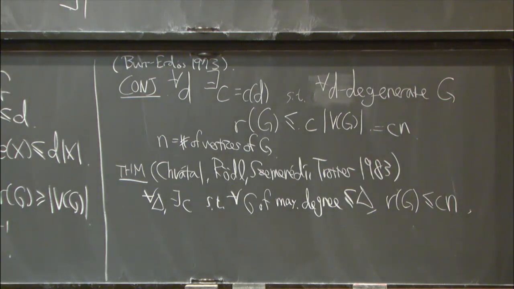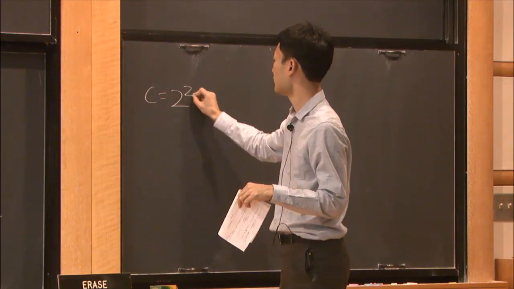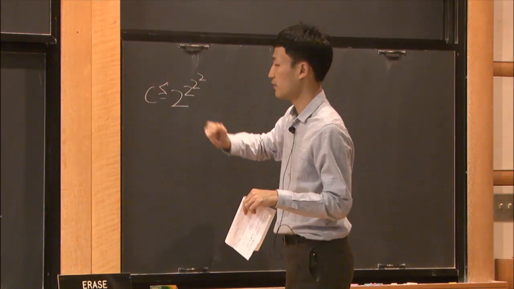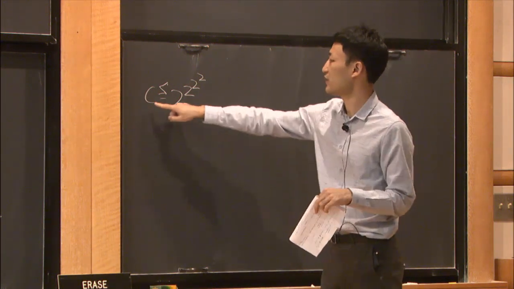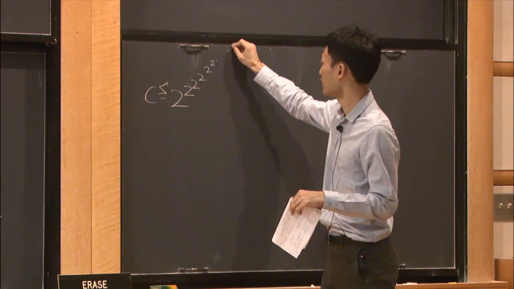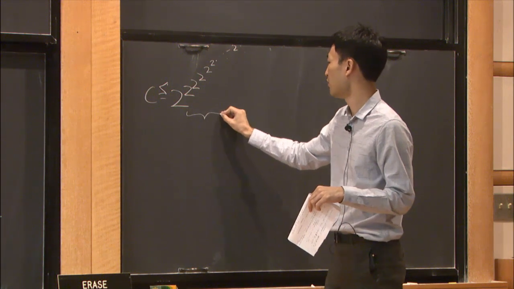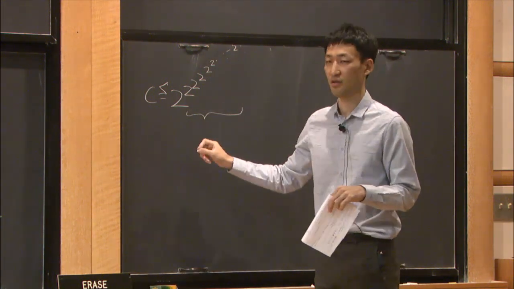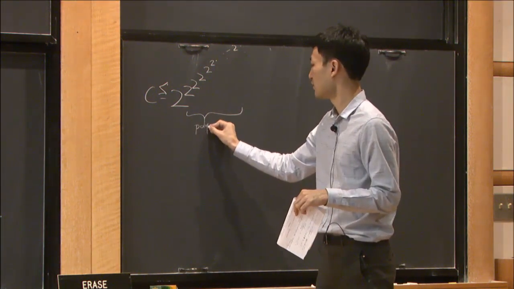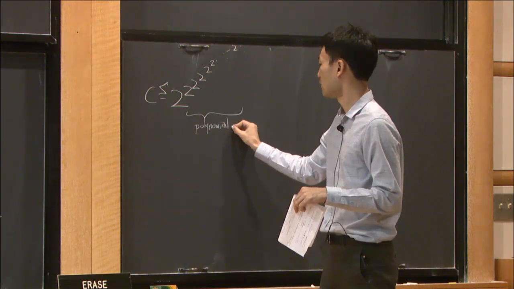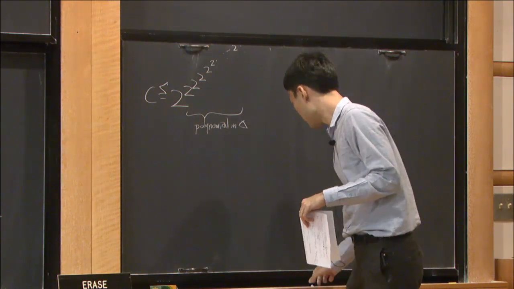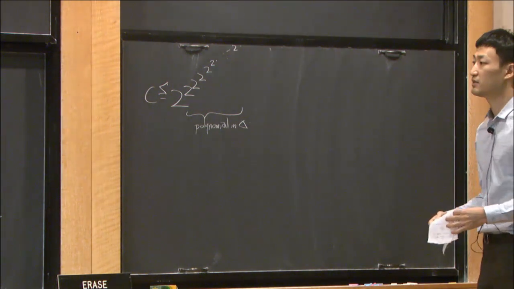It's actually a tower type dependency. What they proved is c is at most 2 to the 2 to the 2 to the 2, where the number of 2's is some polynomial in delta. That's not a very good bound.